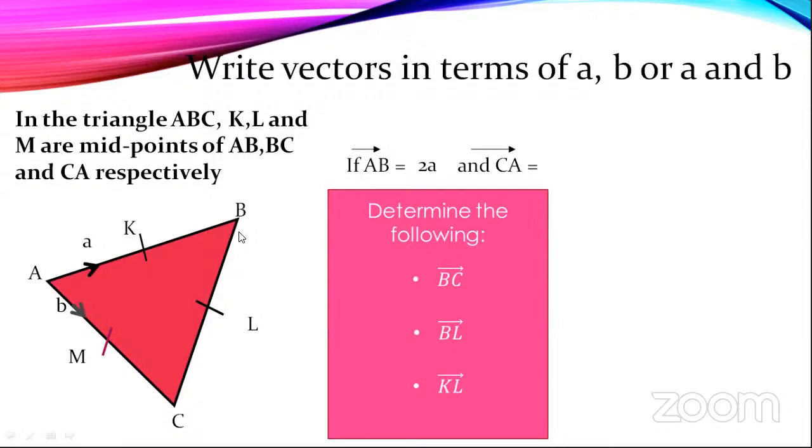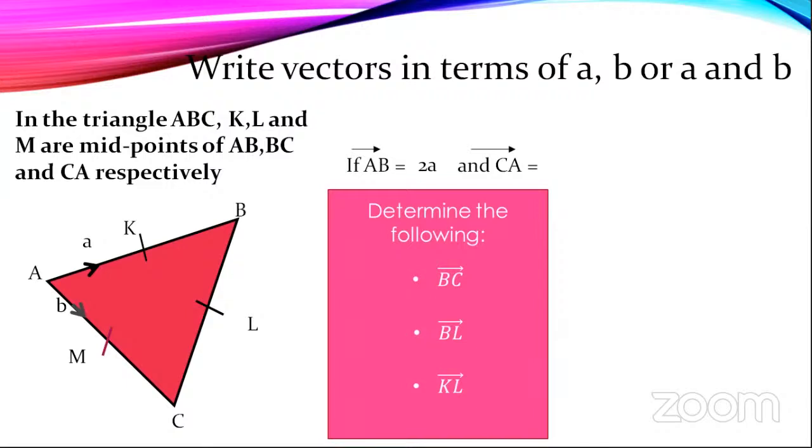M, capital M, is the midpoint of AC. K is the midpoint of AB. And L is the midpoint of BC. So we're given that information as well.